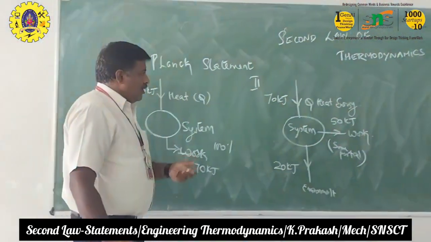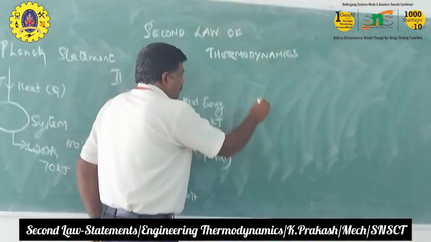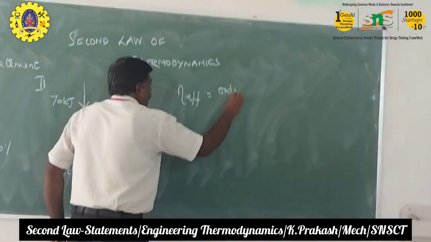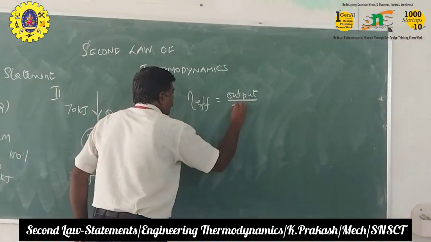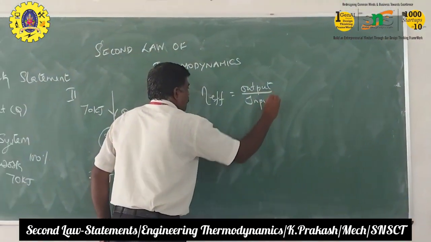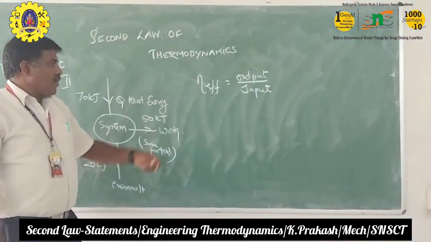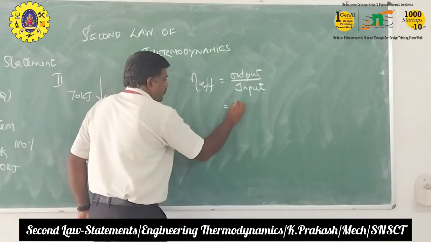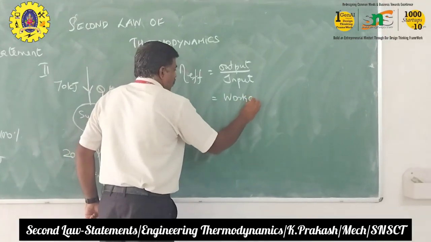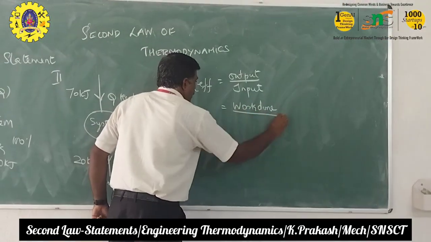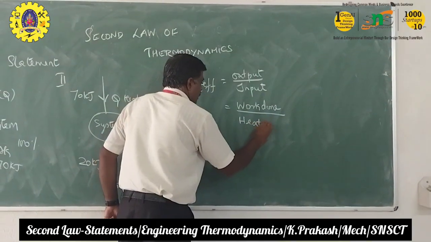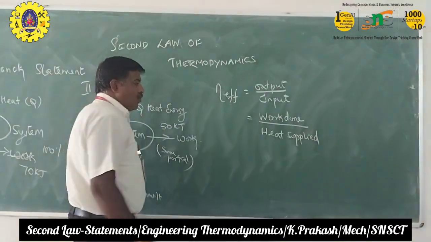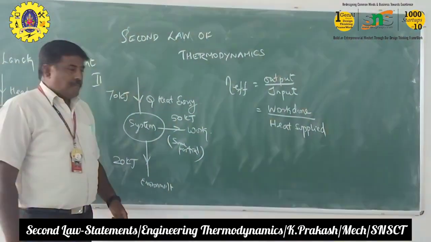The common formula for efficiency is output by input. Here output is work done and input is heat supplied.